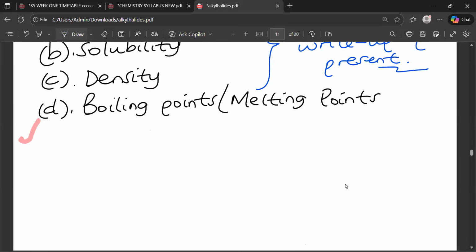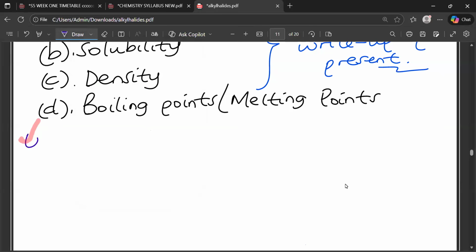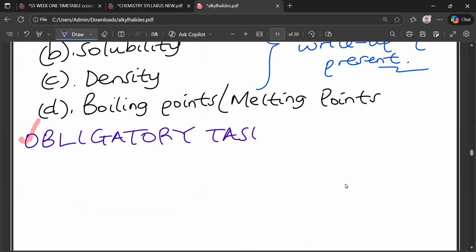The other thing I never do, this is an obligatory task. Obligatory means you're supposed to do it as a student. Of course, you cannot task a teacher, so no need of saying obligatory task for students.